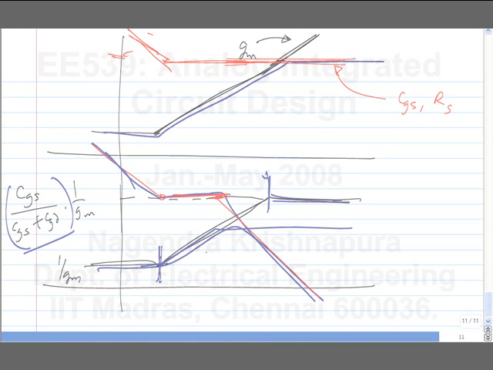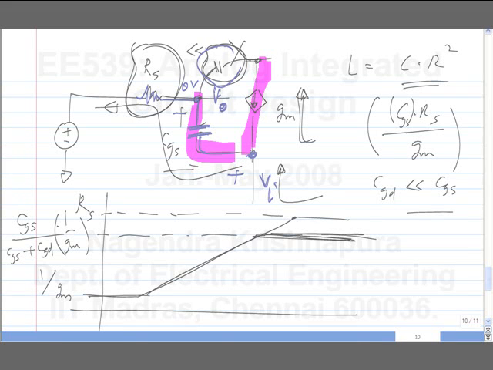Yeah, that's right. I think the case you are referring to will happen if CGD is much larger than this, then they will be of the same order, isn't it? So in that case, you will not get a significant region where you have inductance. Anything else?